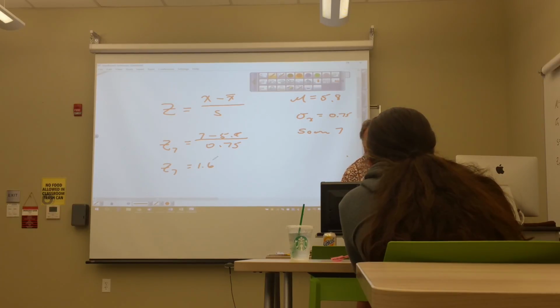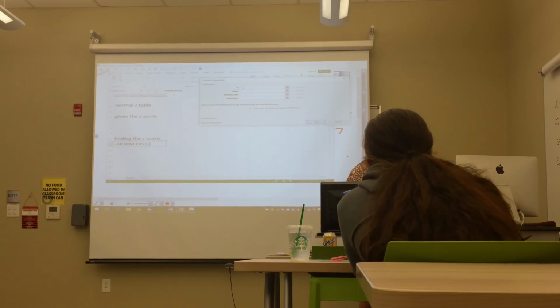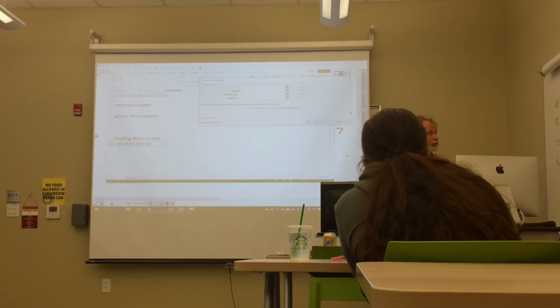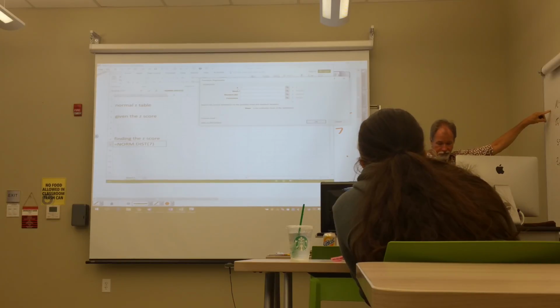And that's nice. So if I plug this in, my x is my score, which in this example is 7. It's the score that I'm looking at. My mean is 5.8, and my standard deviation is 0.75.